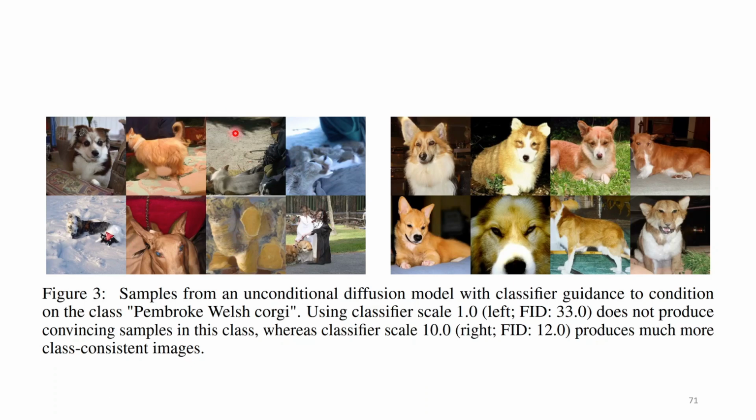There are many Corgis in the images, but they are not clear. But when they apply the guidance scales, the dog becomes very obvious. But the new distribution will be different from the original distribution. Therefore, the FID value increased.